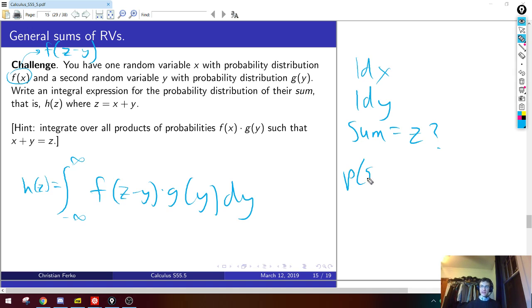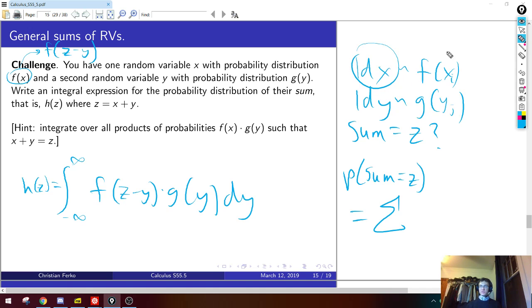The first die has some outputs x_i with probabilities f of x_i, and the second die gives me some outputs y_j with probabilities g of y_j. How could I figure out the probability distribution for the sum equal to z?